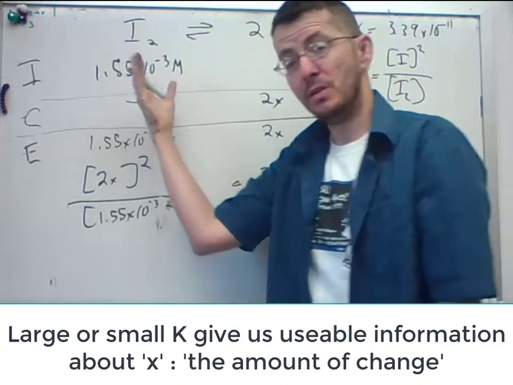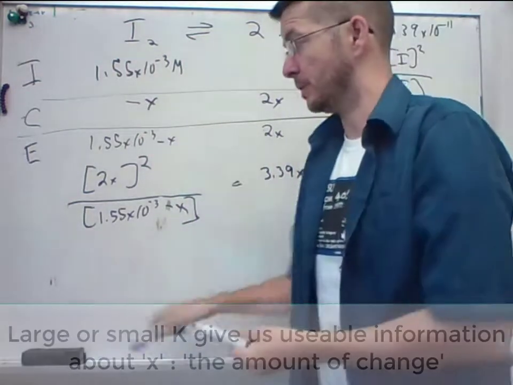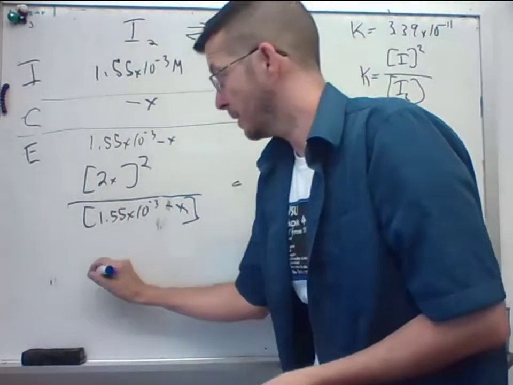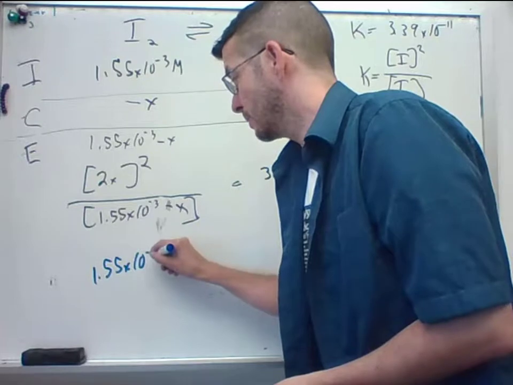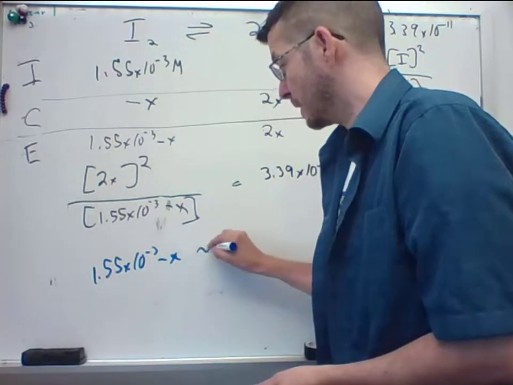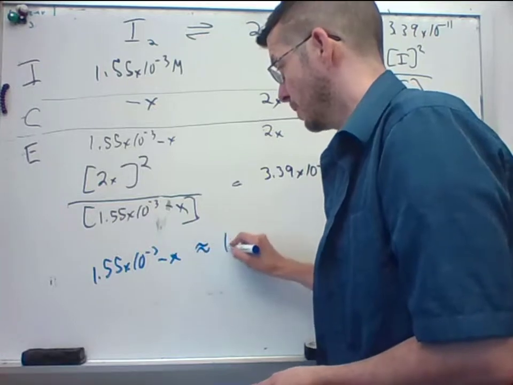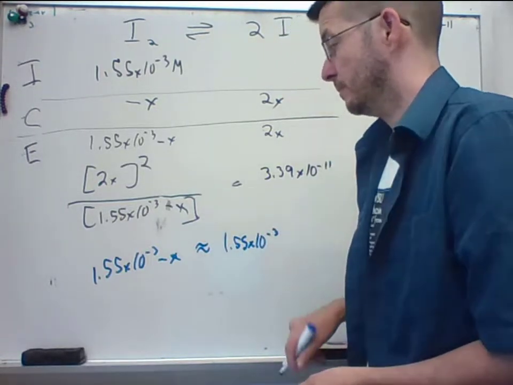X is going to be minimal. And so we can use the assumption that 1.55 times 10 to the minus third minus x will be approximately equal to just 1.55 times 10 to the minus third.